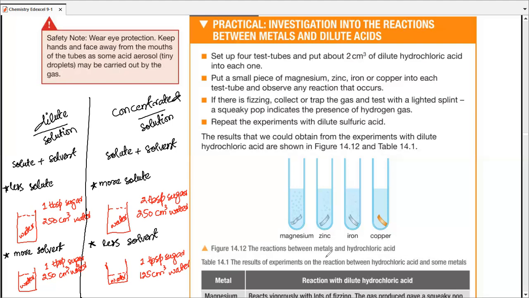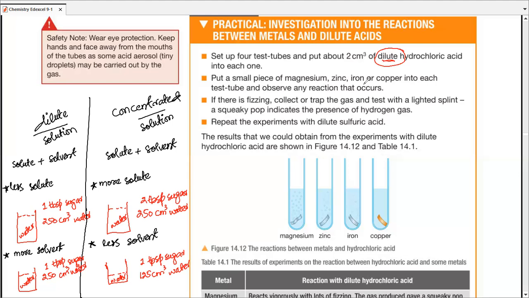Now, the point I'm trying to make is that he is saying dilute hydrochloric acid over here without even giving you any other comparative idea. So the examiners do tend to put dilute and concentrated words in exams without referring to a comparative counterpart. They do it for the sake of your understanding, right?